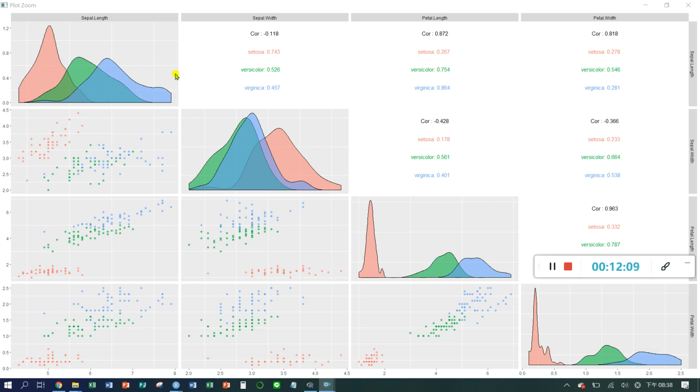What do the colors mean? Because it groups by category: Setosa, versicolor, and virginica. And what does correlation mean? Okay, for this distribution we call it a histogram. It's the numbers of each variable. Okay, it's your turn to have a look at this distribution.